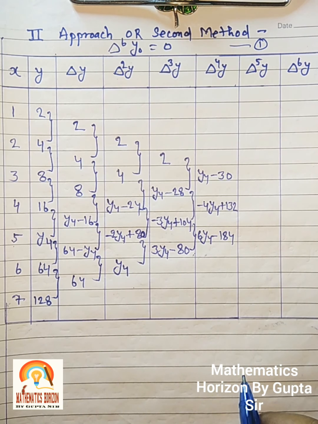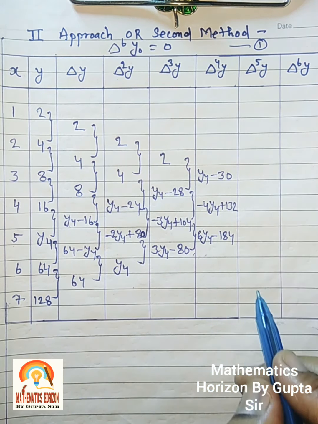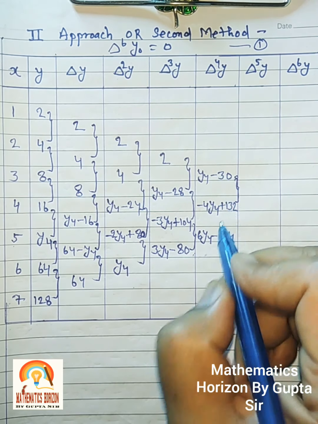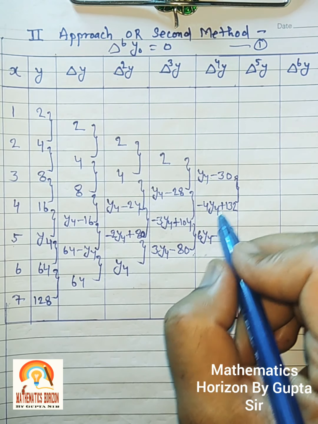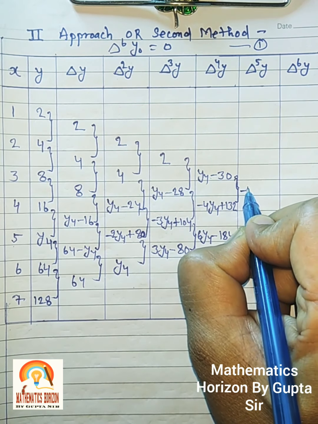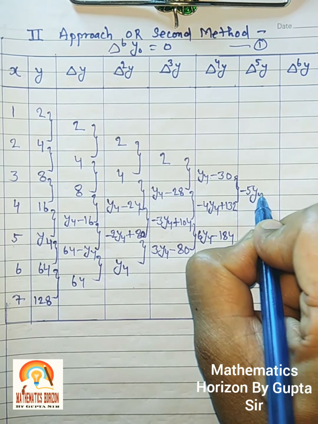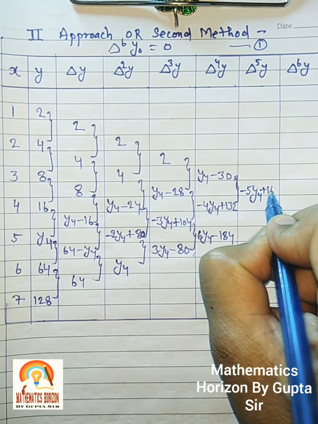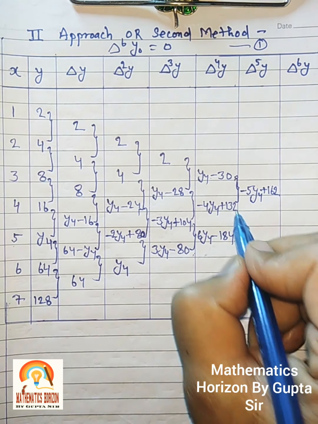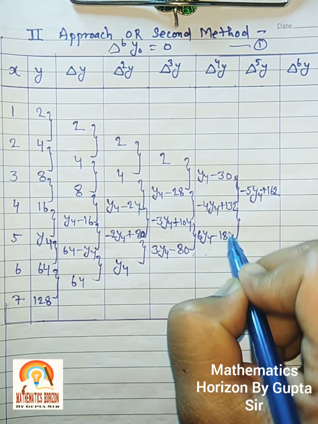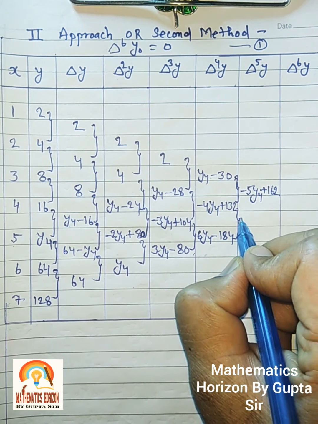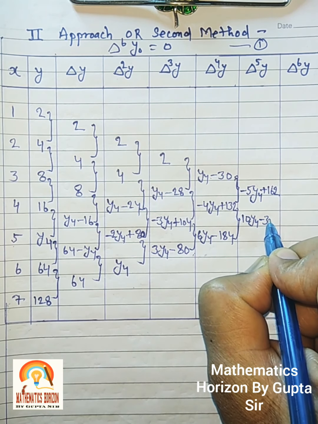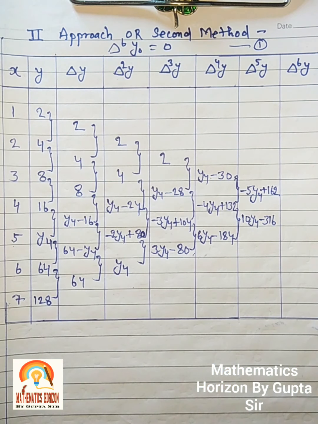Now we calculate differences of fifth order. Fifth order means subtract this term from this term, that is minus 5y4 plus 162. Okay, and from here the difference of these two, 6 plus 4 is 10y4 minus 316.